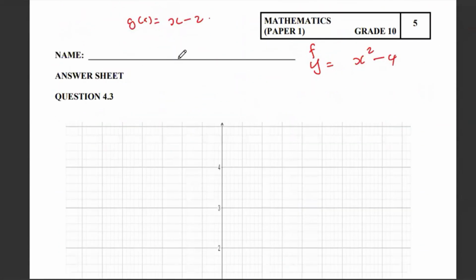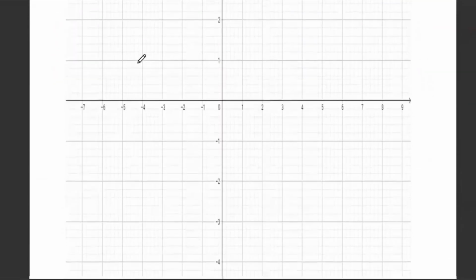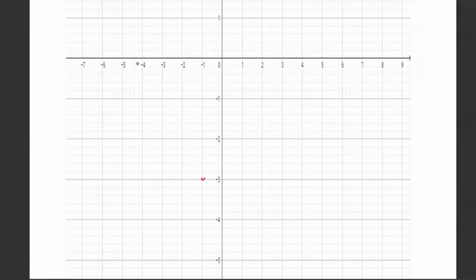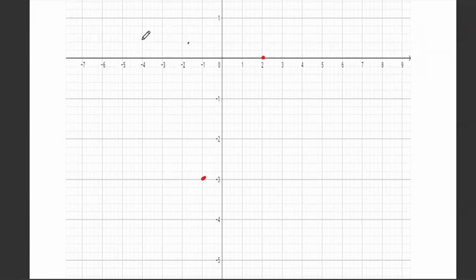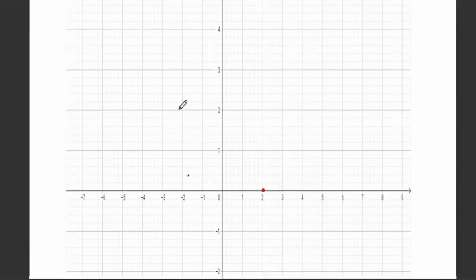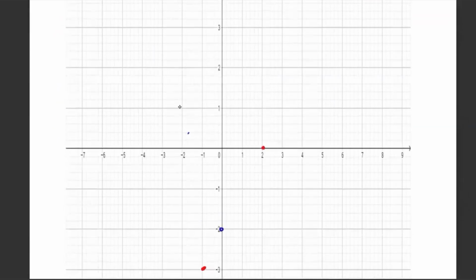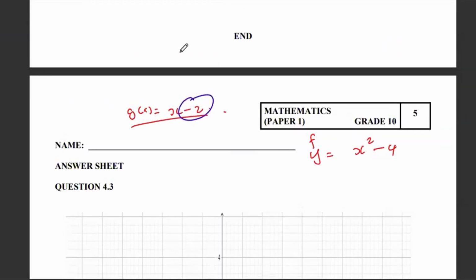Okay, so let me start with the g. They told us the points are meeting at (-1, -3), this point, and then also at (2, 0). Okay, so that's not a big deal for me. My point is that I need to draw the line. With this line, the y-intercept is -2, which is this. And let's say I have any other point.